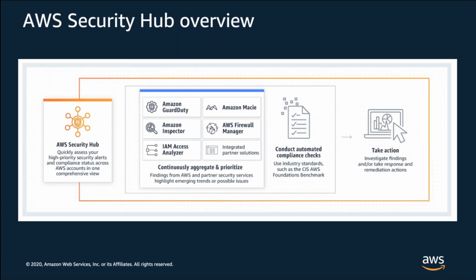Now, the collection of these security checks are known as security standards. To run a security standard, there is a dependency on AWS Config, which Michael is going to talk about a bit, the Config service and the prerequisites.